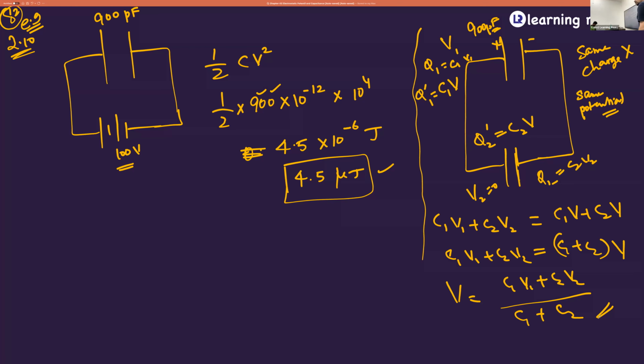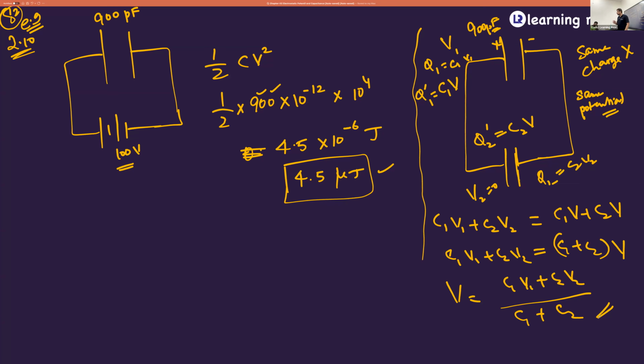So here what will you have? 900. Initially, what was the potential drop across this one? 0. So 900 into 0. So you will have only 900 into 100 divided by, here what will you have? 900 plus 900, 1800. So what will the value be? So put it very simple, it will be 50.